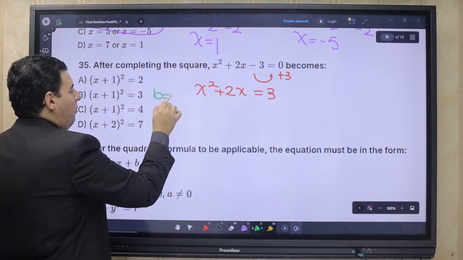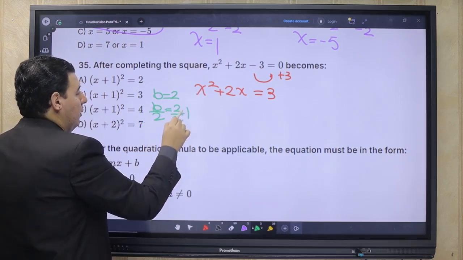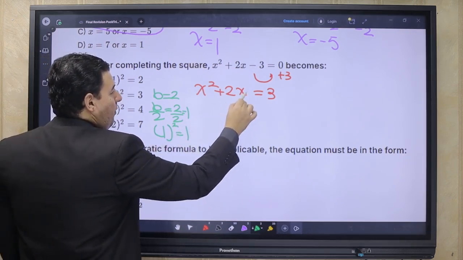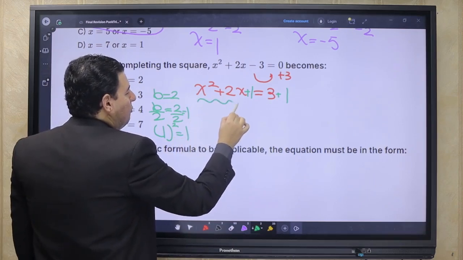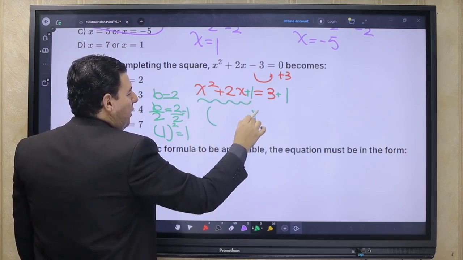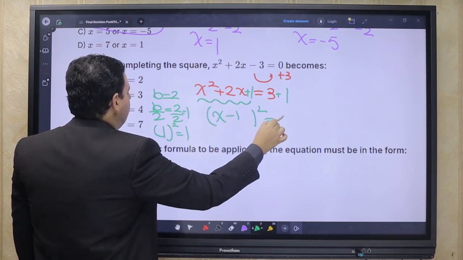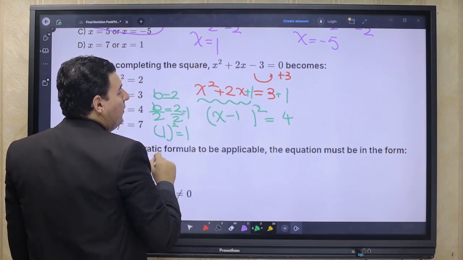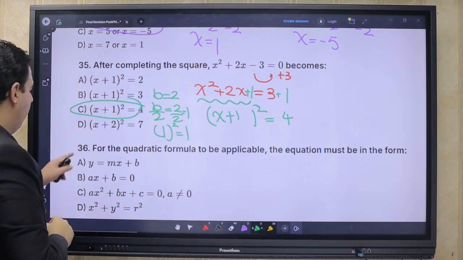We find b equals 2, b over 2 is 2 over 2 equals 1, and 1 squared equals 1. So we add plus 1 on the left and plus 1 on the right. We get bracket x minus 1 power 2 equals 4. So we will choose letter C.